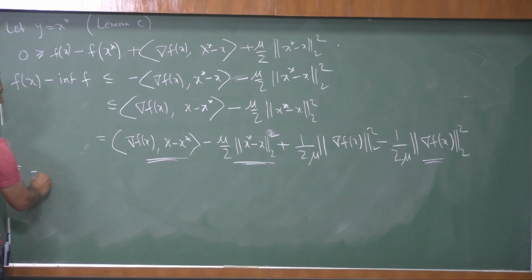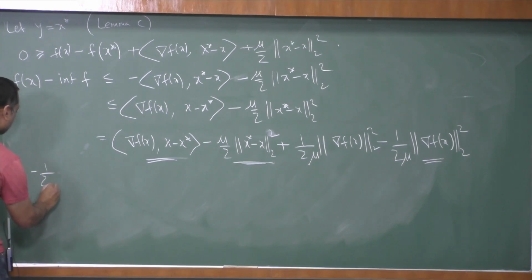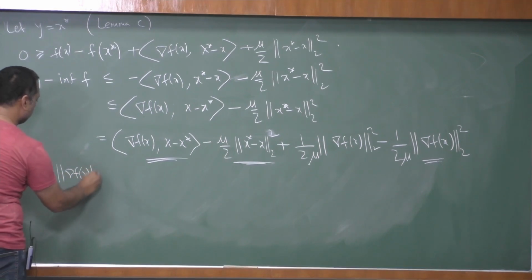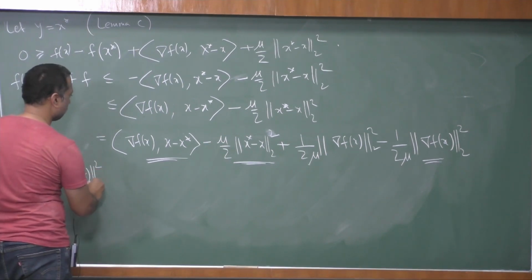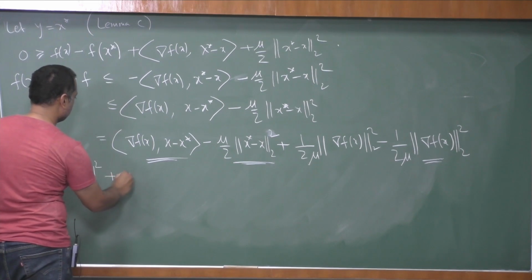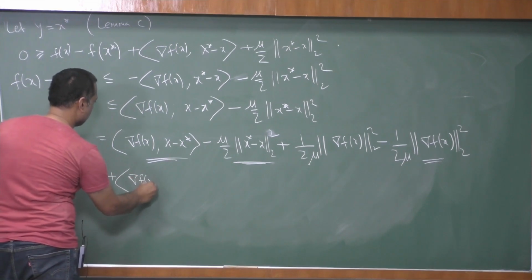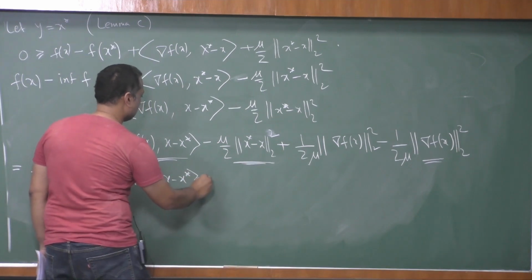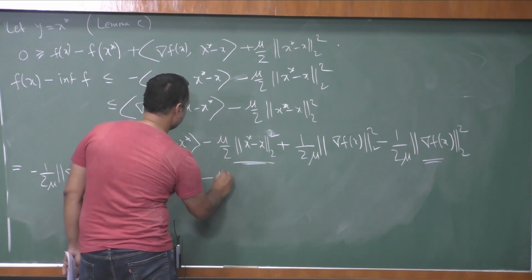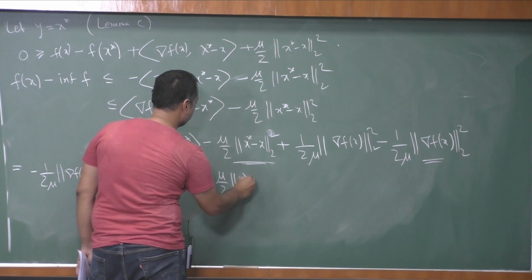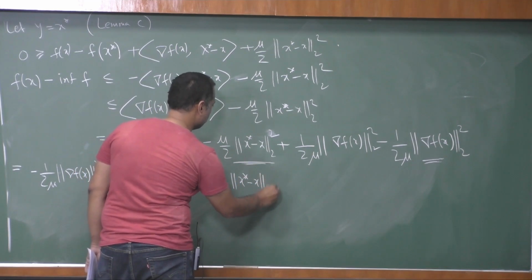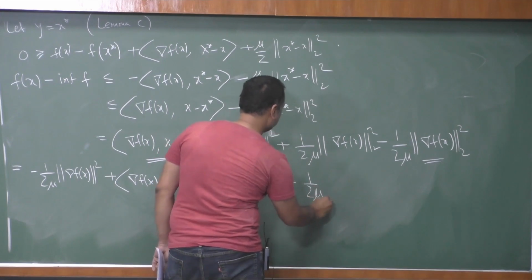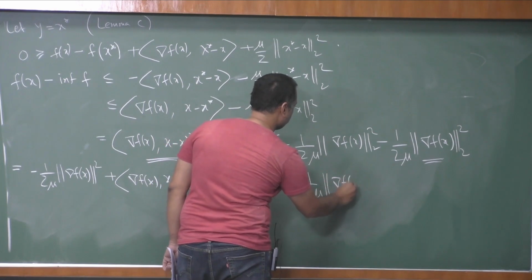So let me do the a square term, put the 1 by 2 mu norm of grad f x squared and plus grad f x times x minus x star, and then minus mu by 2 norm of x star minus x squared, and then the guy that we want, we keep it safe here, grad f x.